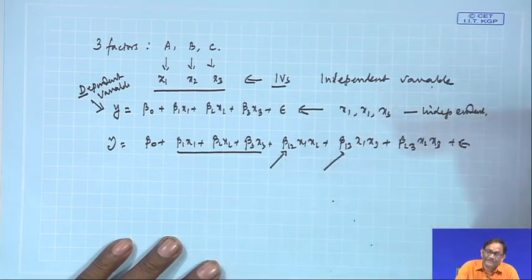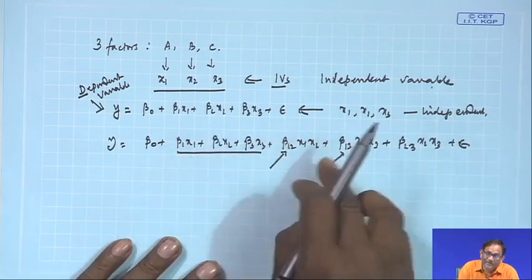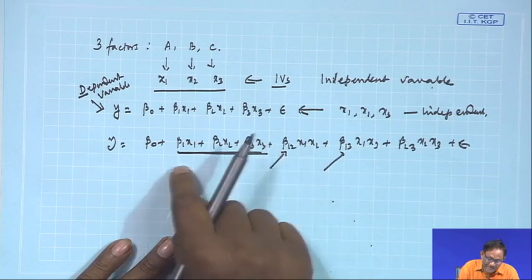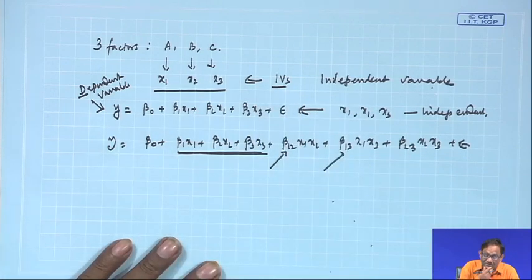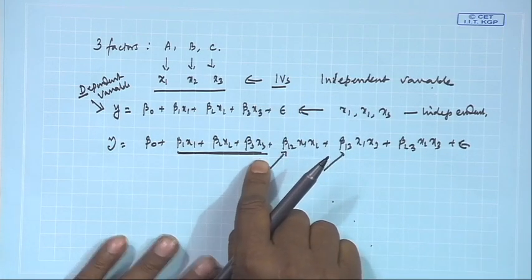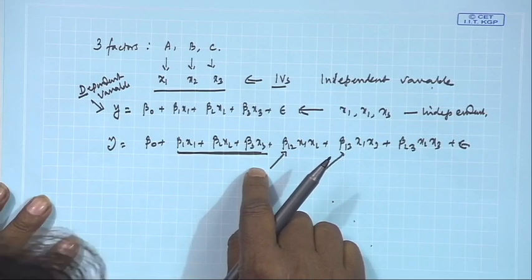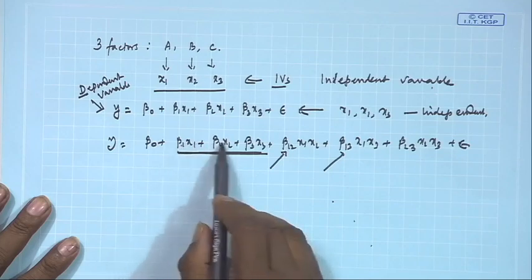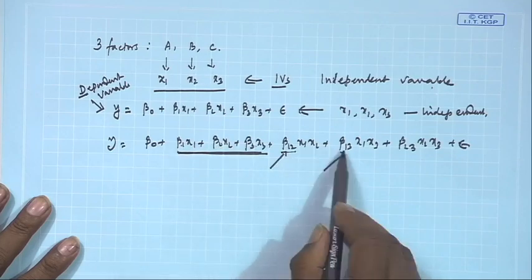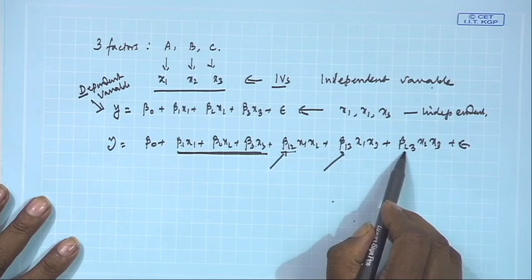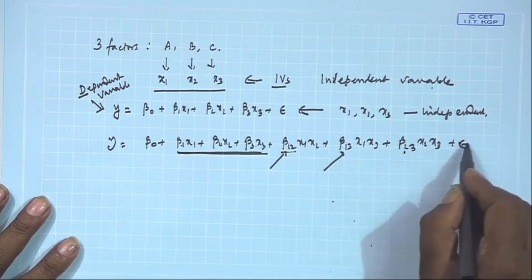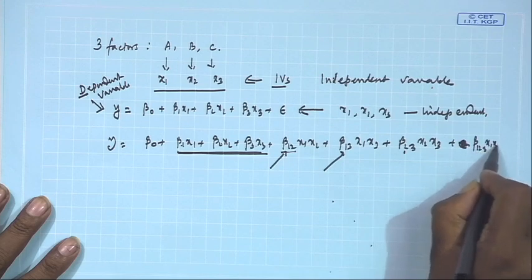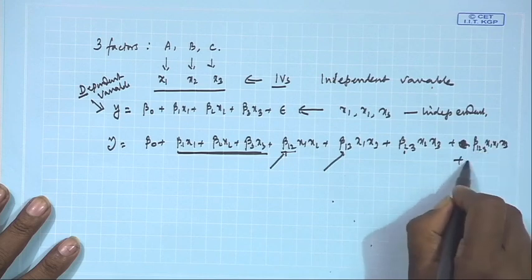So you are creating additional variables from the existing variables. As I said in the first class, beta 1 and beta 2 are the main effects, and beta 1 2 are interaction effects. It may so happen that there is a 3-way interaction, then beta 1 2 3 x 1 x 2 x 3 + epsilon.